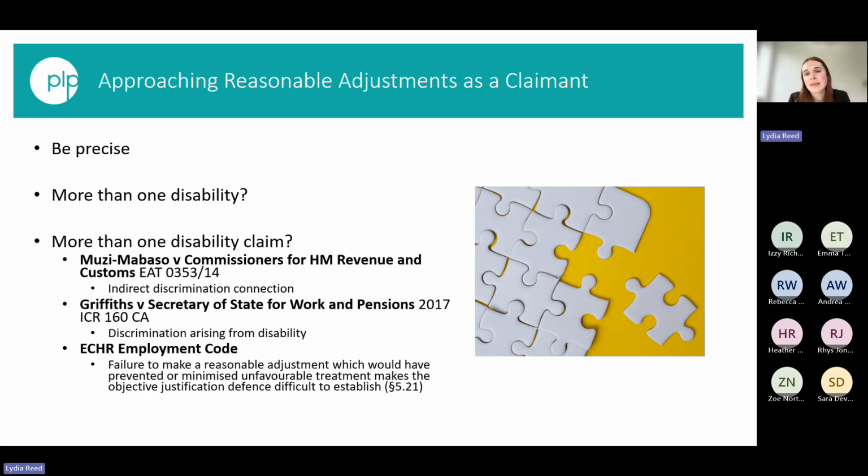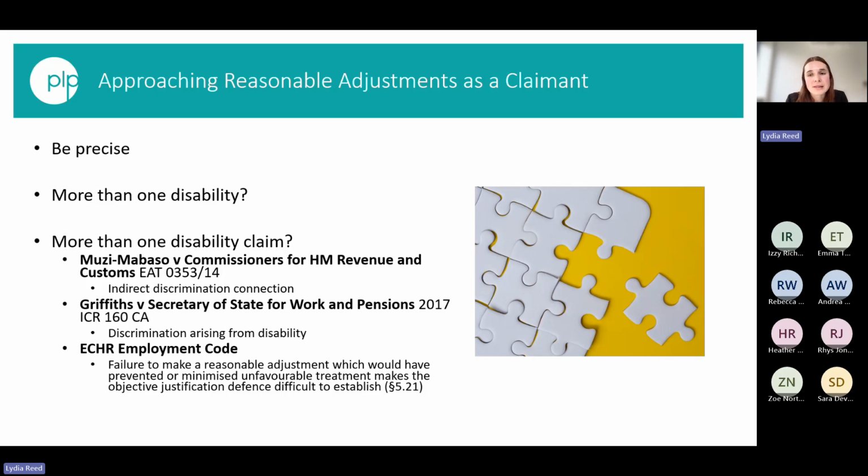In that case, the tribunal at first instance rejected both the indirect discrimination claims and the Section 20, so reasonable adjustments claims. Then on appeal, it was found the tribunal at first instance failed to engage in the balancing exercise for determining justification for the indirect discrimination claim. So that was remitted back.